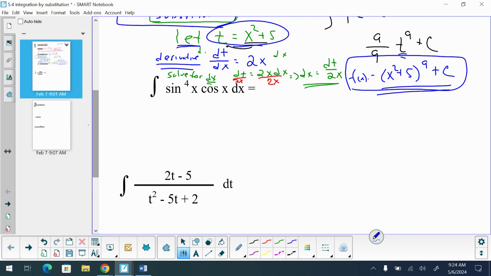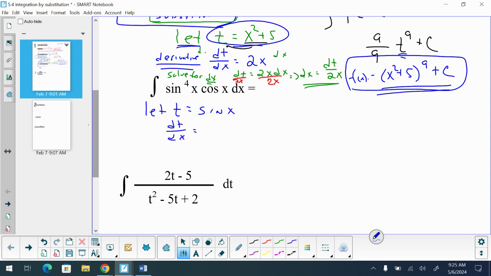So if we take a look now at the antiderivative of sine to the fourth of x, cosine of x dx. Once again, look to see what's being quantified here, or what has an exponent to it. That's what you let your t equal. So what can we let t equal? Sine of x. We take our derivative, dt dx.